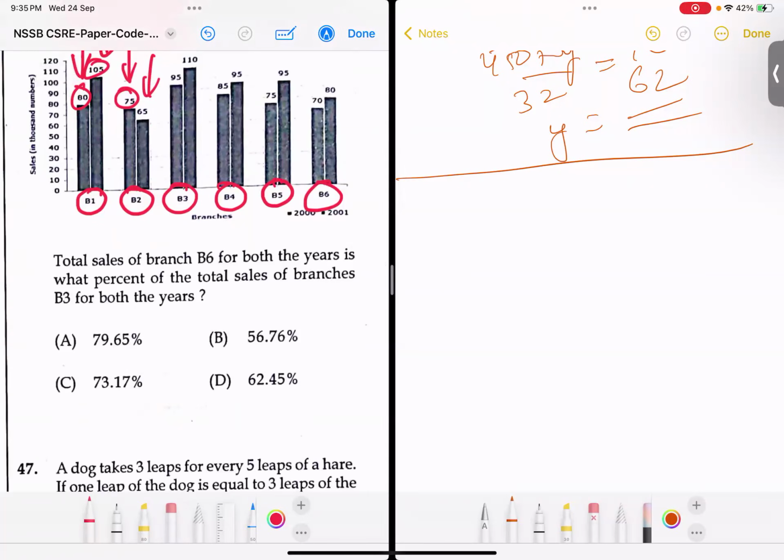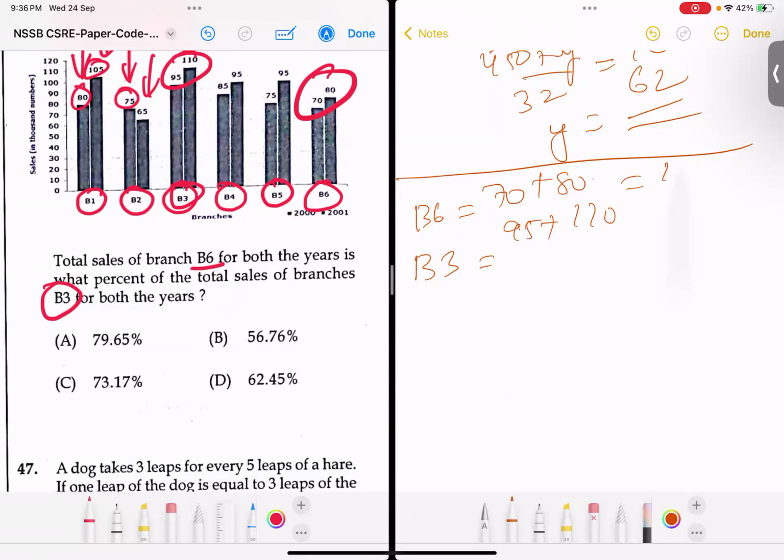So total sales of branch B6 for both the years is what percent of the total sale of branch B3 for both the years? Now B6, how much is there? B6, 70, right? Plus 80, right? And B3 there, how much is there? B3 there, 95 plus 110. So it will be 150.